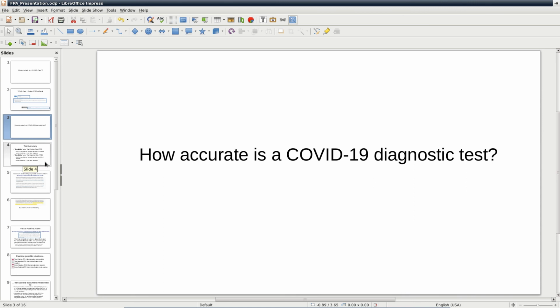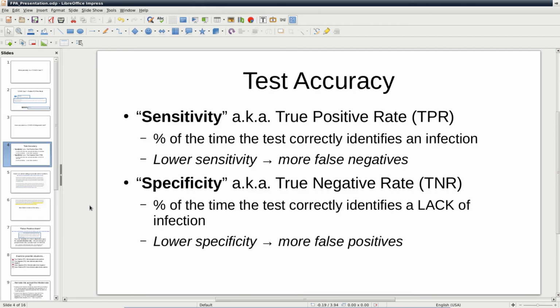So if you do a little bit of research, you can find the way that test accuracy is quantified, with two qualities called sensitivity and specificity.